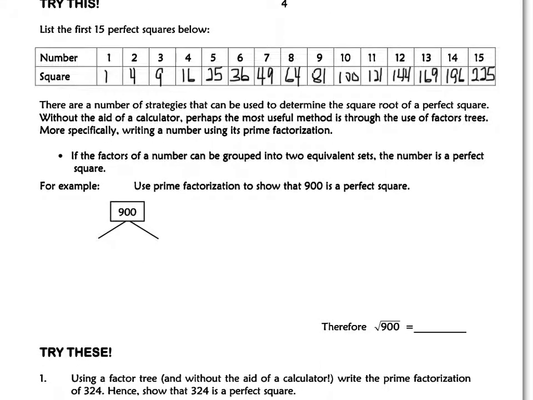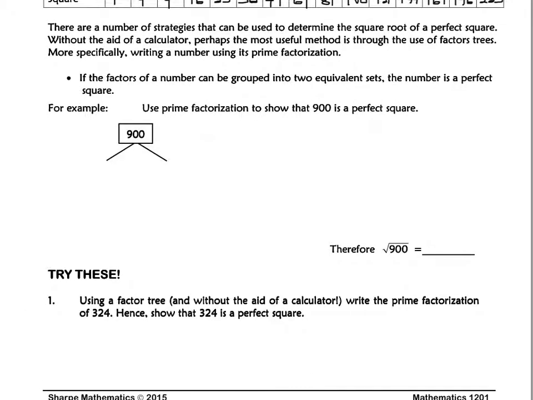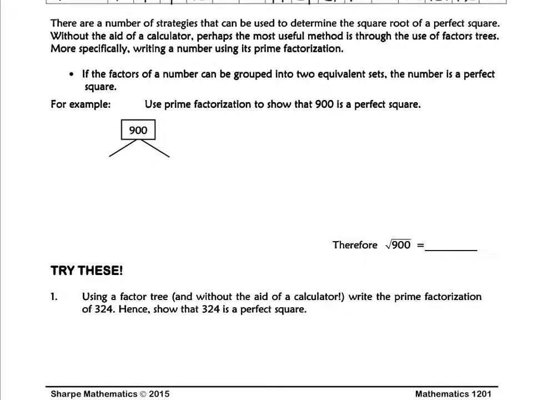The first thing talks about some of the strategies in figuring out the square root of a number. Of course, you can always use a calculator, but without the aid of a calculator, this is a process you can follow to determine if a number is a perfect square, or if it has a square root that's a nice whole number. The first thing you do is use prime factorization.